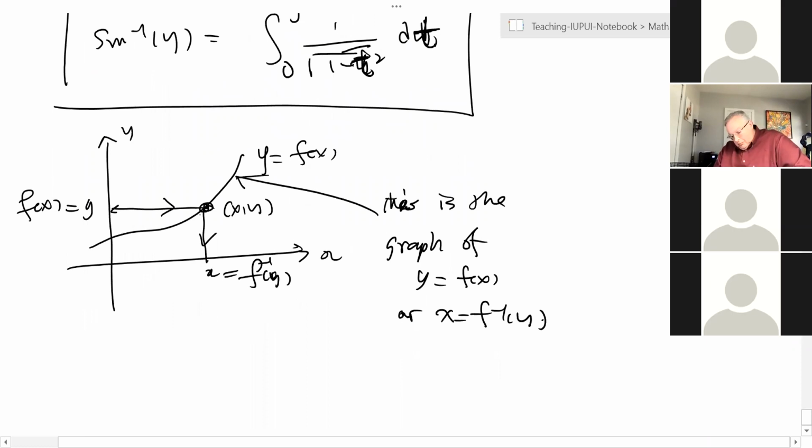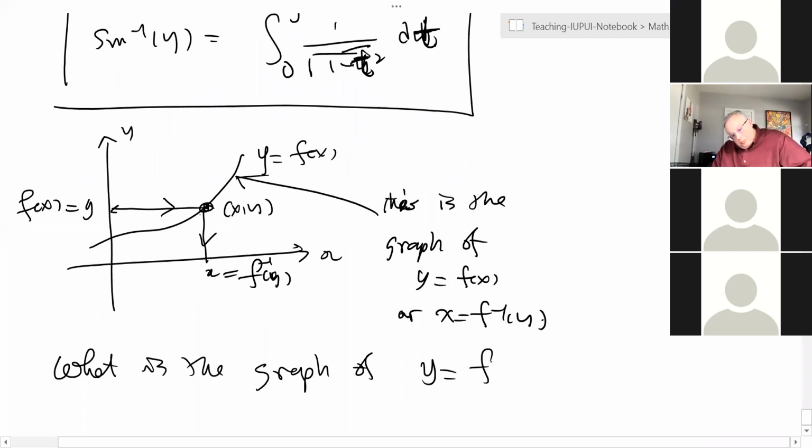Then how about if I interchange the variables? So what is the graph of y equals the inverse function, and how is it related to this graph?